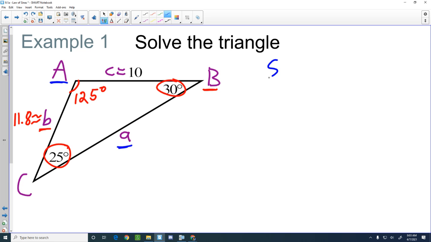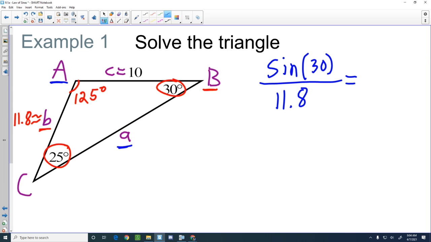That's the new one. So I'm going to start by writing the fraction where I know the angle and the side across from it. So I'm going to say the sine of 30 divided by the side length that's across from it, and that's what we just calculated the first time we used the law of sines on this problem, and that's 11.8. Equals.